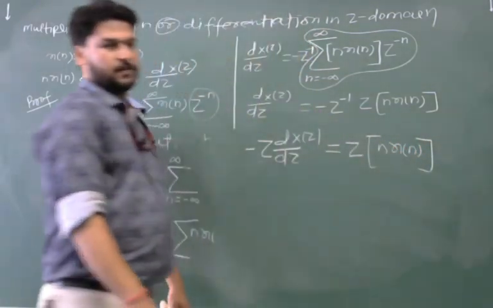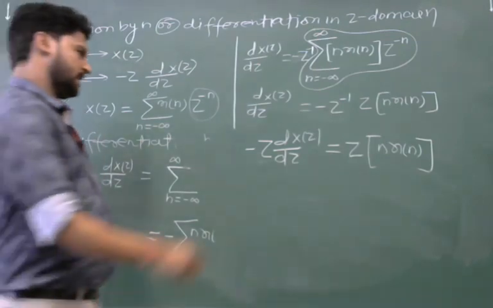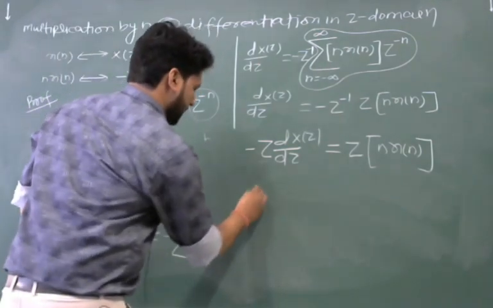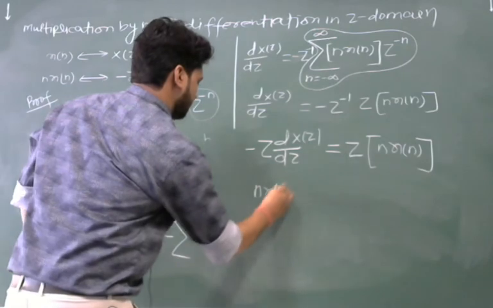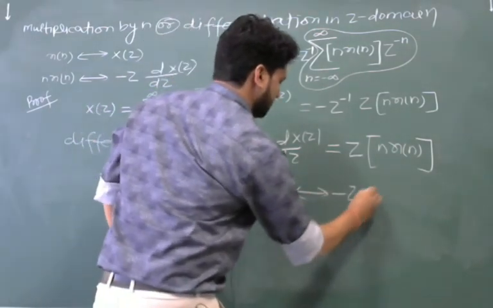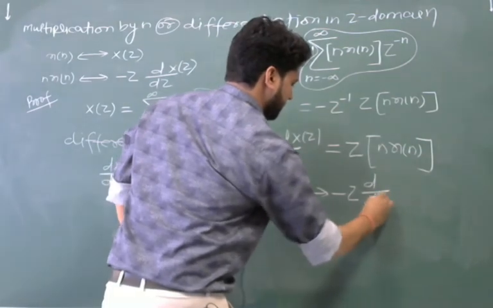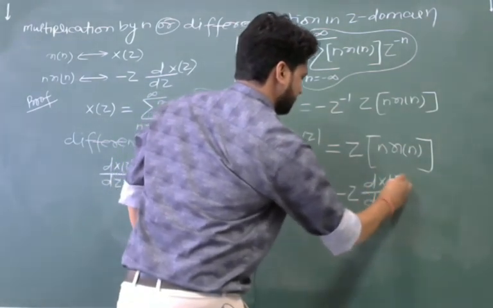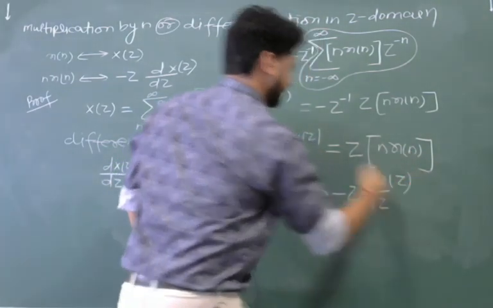As a z transform pair, this can be written as the z transform of n x of n will be equal to minus z into d by dz of x of z.